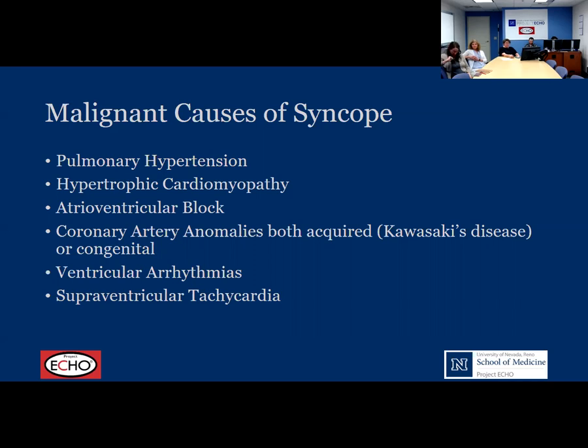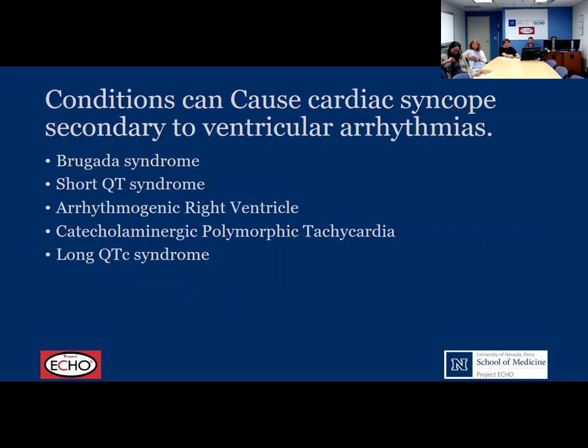I have seen one patient in my over 30 years of practice that happened. So ventricular arrhythmias are the biggest category of the cardiac causes. Some of the names people may know are Brugada syndrome, long QT, short QT, arrhythmogenic right ventricle, and catecholaminergic polymorphic tachycardia. These are all rare. Yes, please refer.